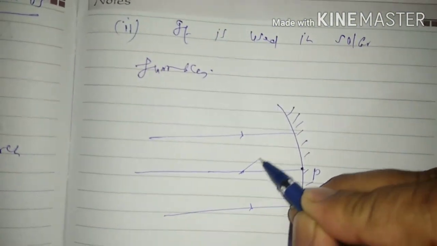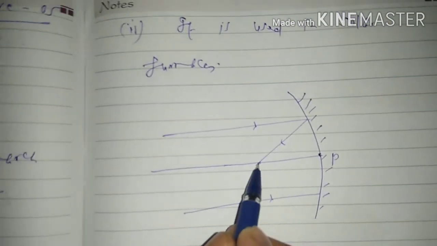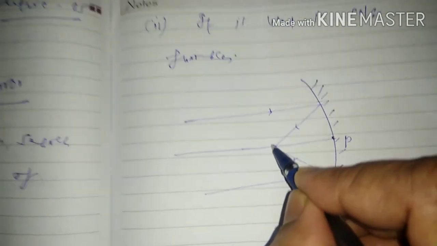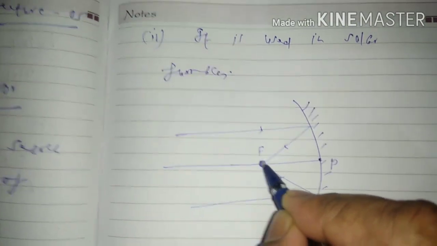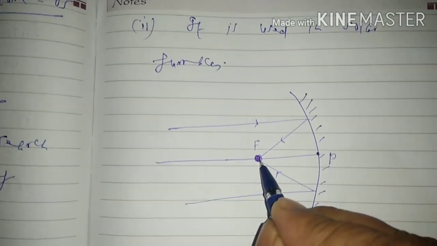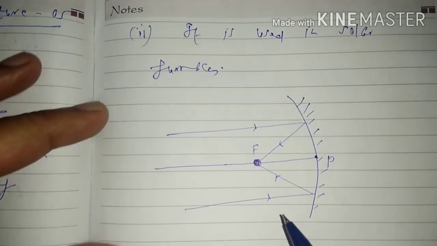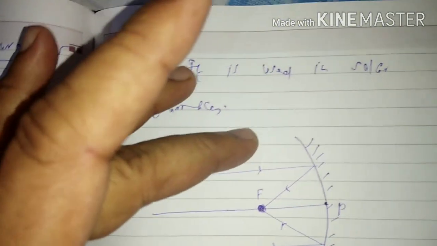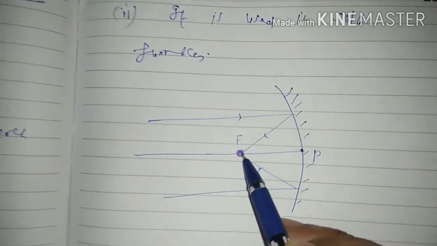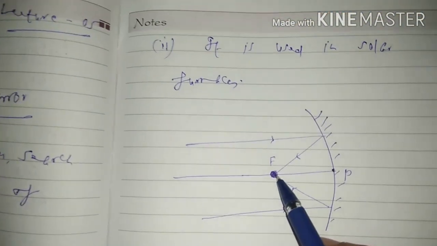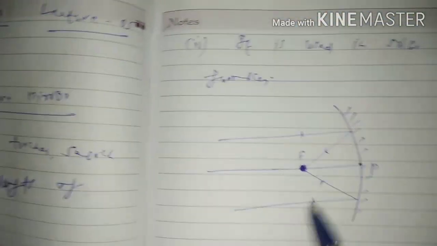And now we have learnt it many times that this point is focus. So now suppose at this focus a container of solar cooker or solar furnace is placed, then rays of light coming from the sun after reflection concentrate here. So in this way it receives maximum heat and our purpose is served. So this is the technology here.